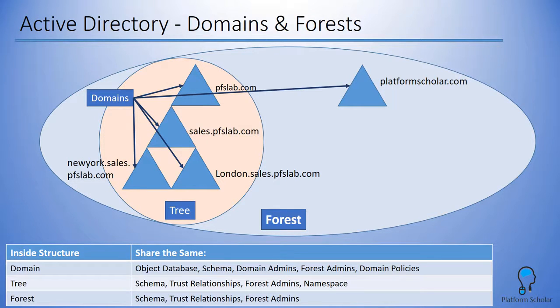It's possible, however, to have additional domains that do not share the same namespace and are named completely different, but still share the same schema, the same global catalogs, and could also have transitive trust established. And these domains would be part of their own tree, but they're said to be within the same forest. Now, if you needed to have an object database with a different schema, you'd have to create a domain that was not in the same forest as these.